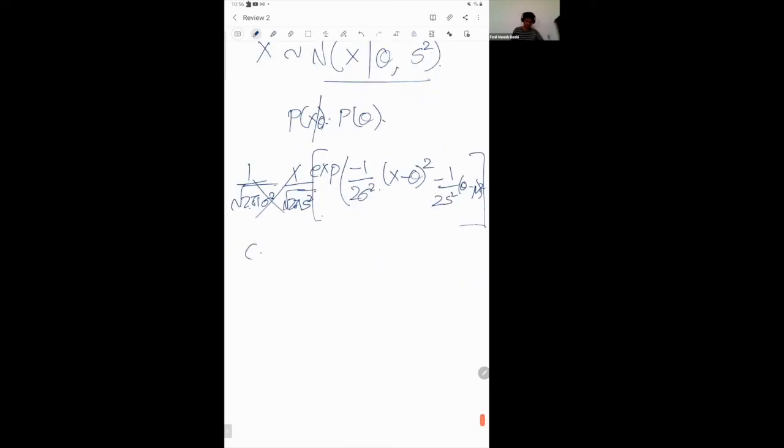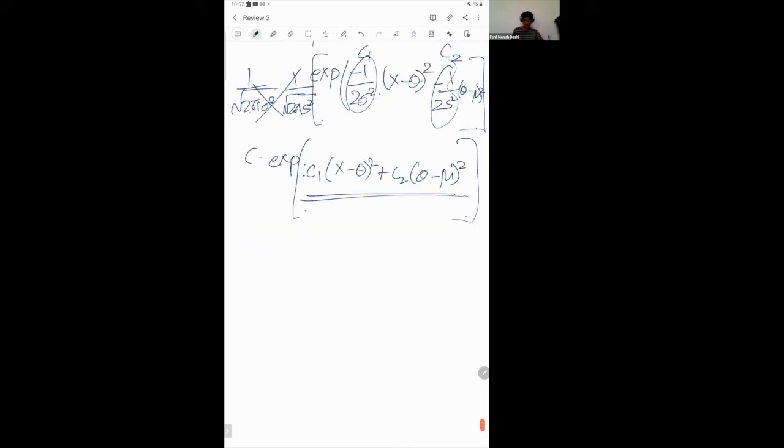So this is just a constant. And now what we are left with is two. Let's say this is constant C1 and this is constant C2. And you can see that, again, what you end up getting is a quadratic in theta.